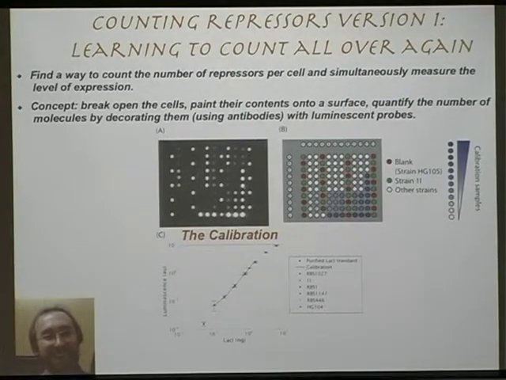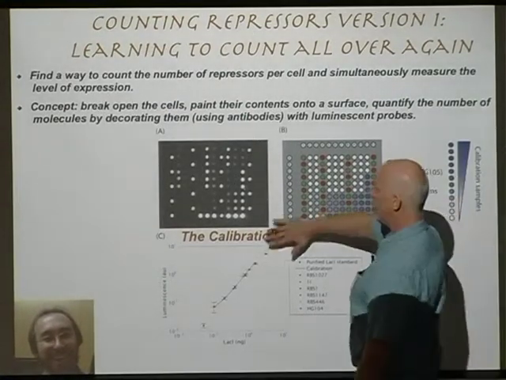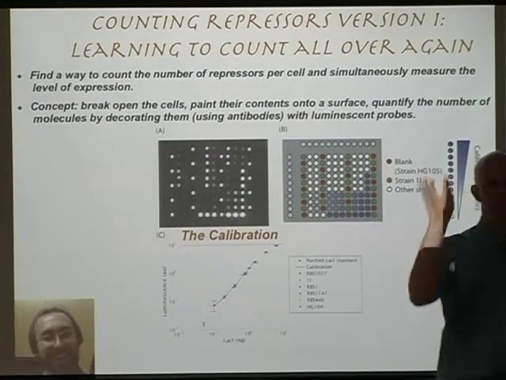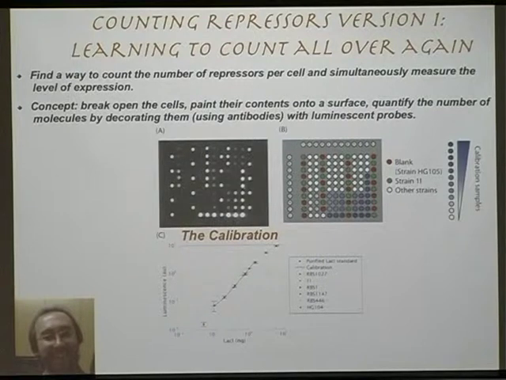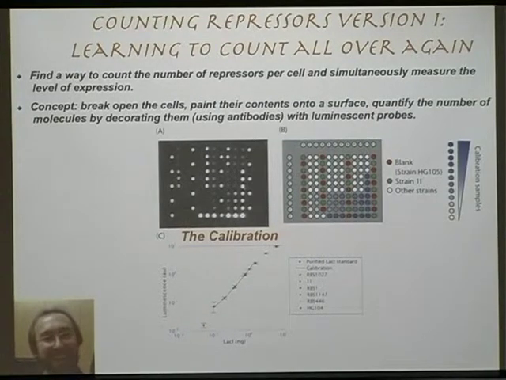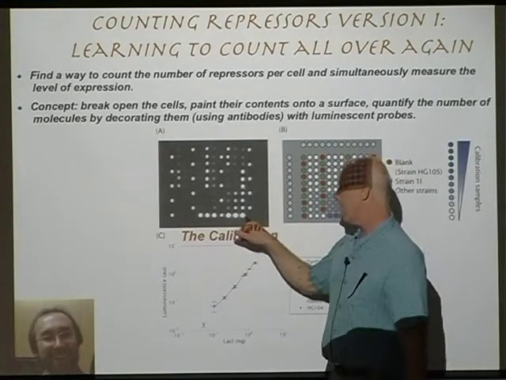One of them is to basically decorate a surface with antibodies to the protein we're trying to count. And then what we do is we break open the cells and paint them, or let them flow on top of the antibodies. And then we have a scheme for making them light up.